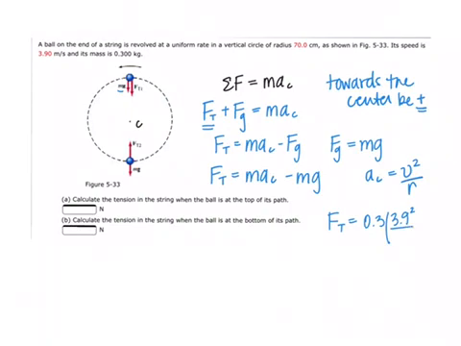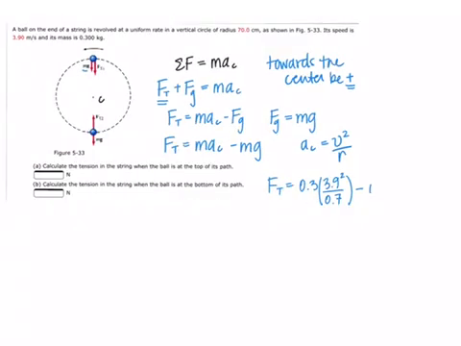Now that's 70 centimeters, so I need to convert it to meters by dividing by 100, and then minus the mass, 0.3, times the acceleration due to gravity. I'm going to let it be 10. So we get a tension force that's equal to 3.5 newtons. So this would be the force at the top.